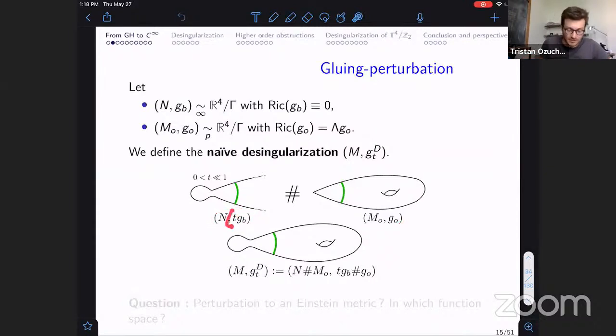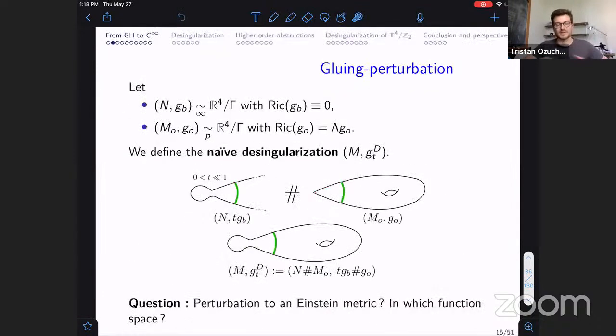So just take a small parameter t, and here the whole thing looks like a cone. And here it also looks like a cone because you have an orbifold, and so you can match the two metrics on a large region, this large green region here. So the two metrics are really close to each other, and you can just glue them by a cutoff function. There is nothing fine here, and that's why I call them naive desingularizations. And they will be denoted g_DT for the rest of the talk.